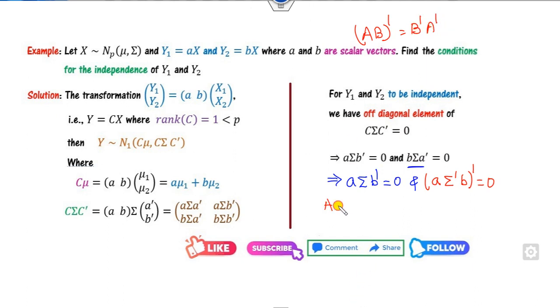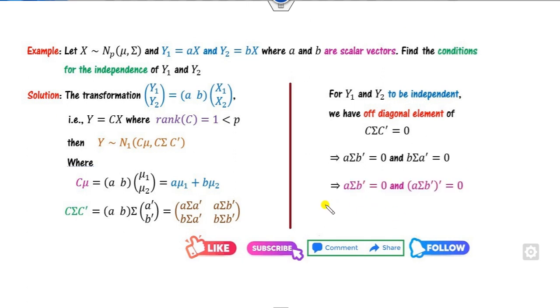Now, sigma is a positive covariance as well as symmetric matrix. So what does it mean? That means sigma transpose is sigma. So basically this is the same thing. That means the condition for independence is A sigma B transpose will be 0.